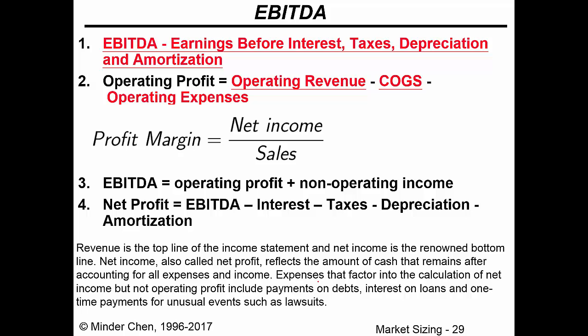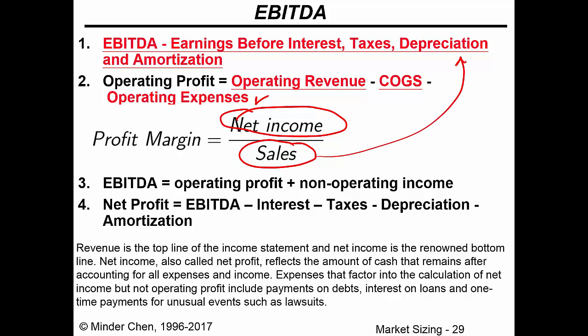Okay. So by the way, your operating profit is the operating revenue minus costs, which is cost of goods sold, and minus the operating expense. So the profit margin, which we mentioned as 25%, to some extent is the net income, which is your profit, divided by the sales, which in that case, we're actually using the EBITDA.